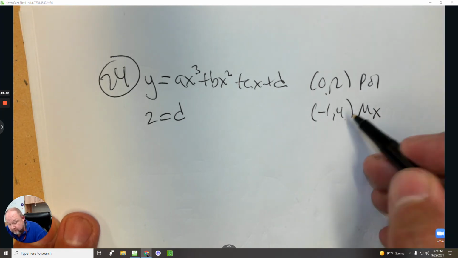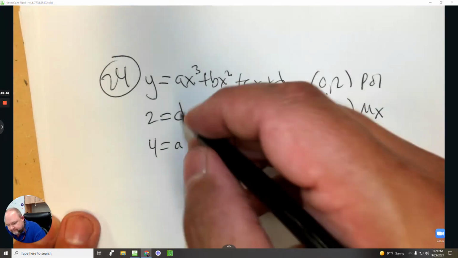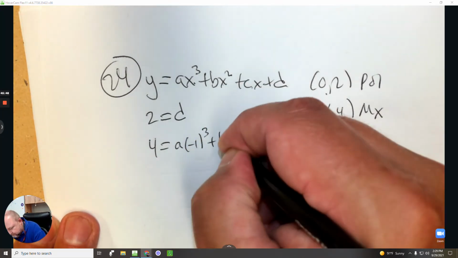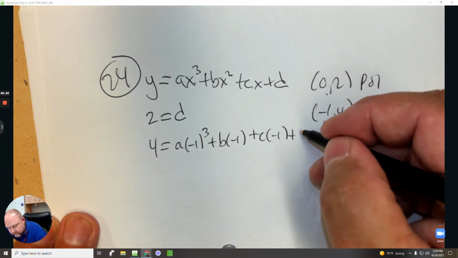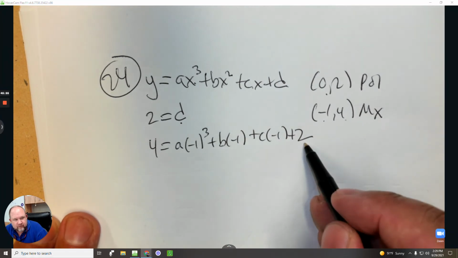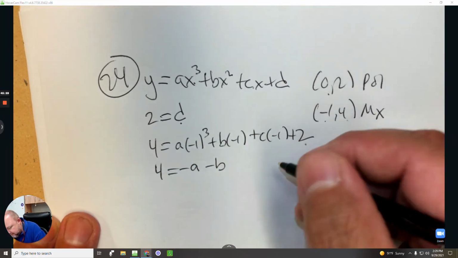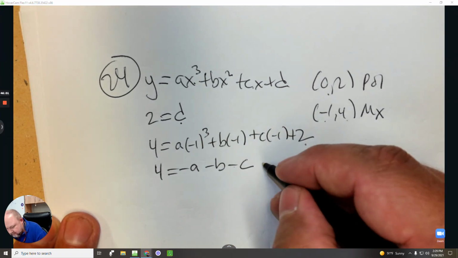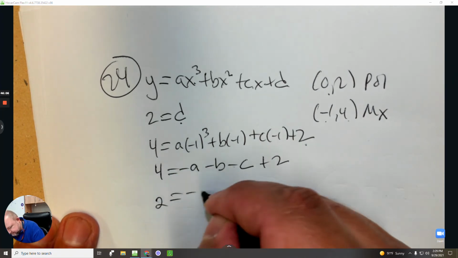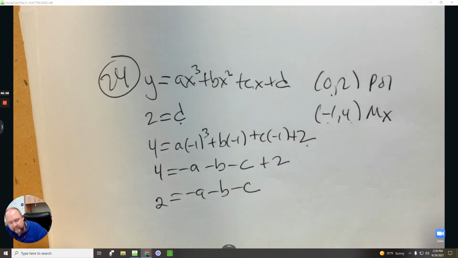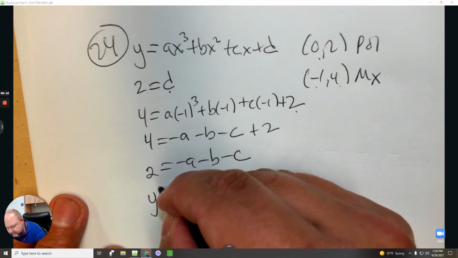If I do it again for 4 and I plug in -1, I already know d is 2, so I can plug that in. I get -a, -b, -c plus 2. Subtract it. Take the derivative.